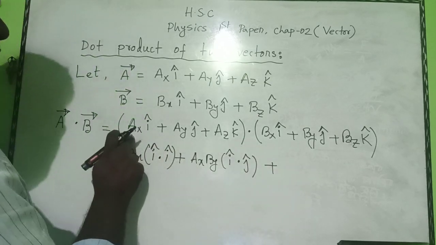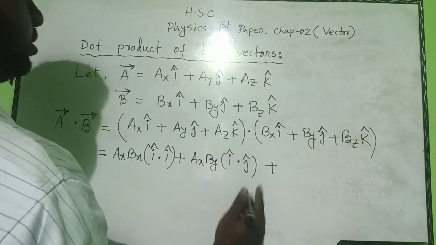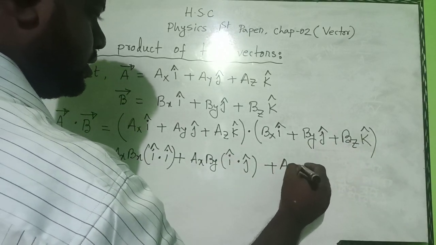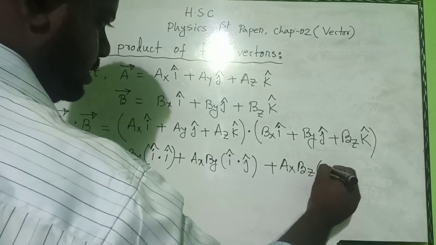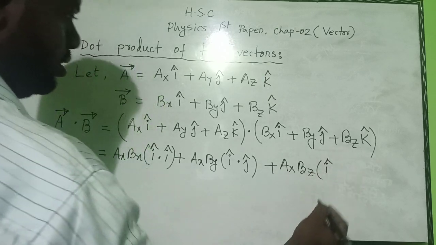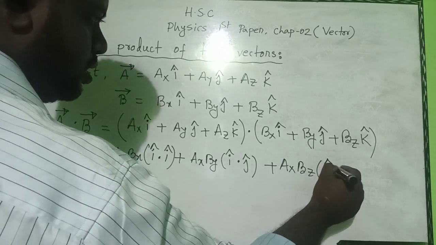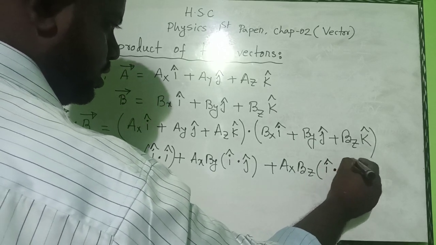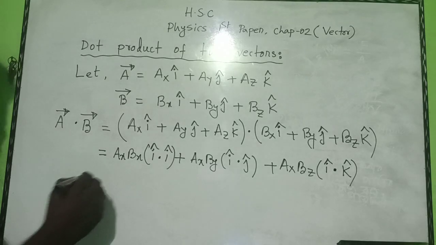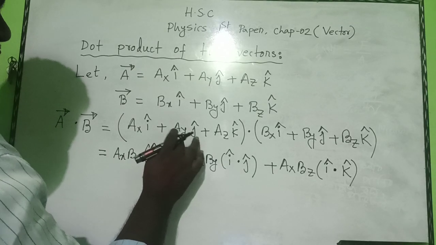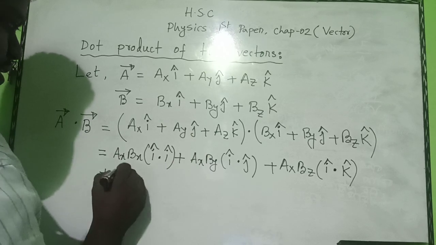Plus this vector into this vector, that is ax bz. The vector part is multiplied in the vector method, i dot k. Okay, now this part, keep trying.